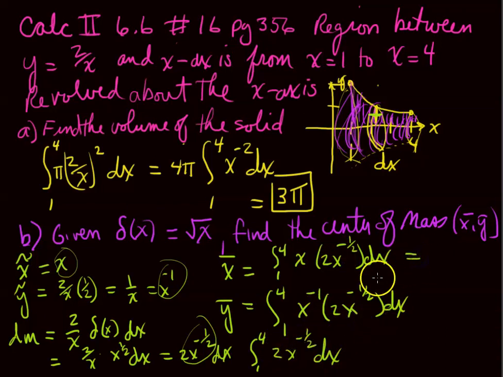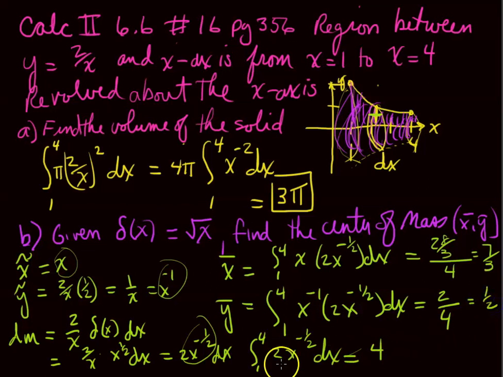This numerator is going to be 28/3 over the 4, which gives us eventually 7/3. And this is going to be 2 over 4, or 1/2. So if you work this out, that's 4.